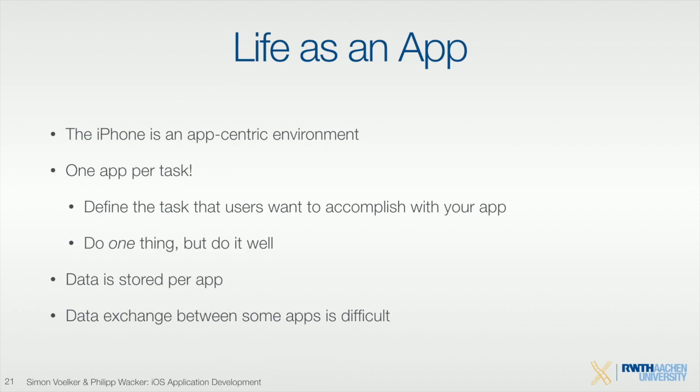Also, the iOS app framework is designed so that you have some kind of sandboxing. So basically, one app is encapsulated and cannot really talk to a different app. This has changed over the years, so there are ways to communicate between apps. You've probably seen that. But this is very, very limited. So you cannot just write one app that gets data from another app.